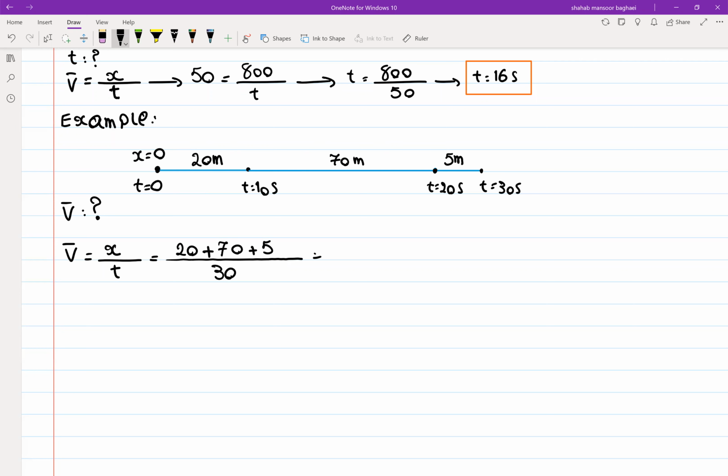Therefore, it is 95 over 30. Therefore, v bar is 3.17 meters per second. This is the average velocity for your particle. This is the answer to this question.